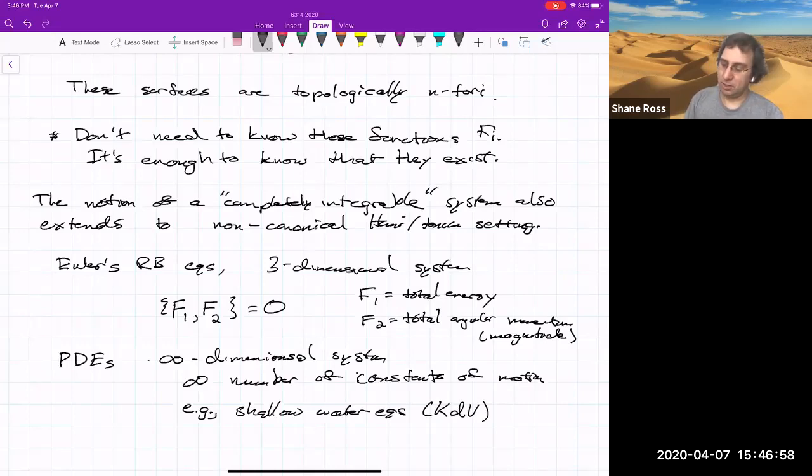These shallow water equations, and this wasn't known originally, can be written in a Hamiltonian form, which means they are Hamiltonian. And they can be shown to be completely integrable. You can even explicitly calculate these constants of motion. So it's a countable infinity of constants of motion, which is kind of interesting.